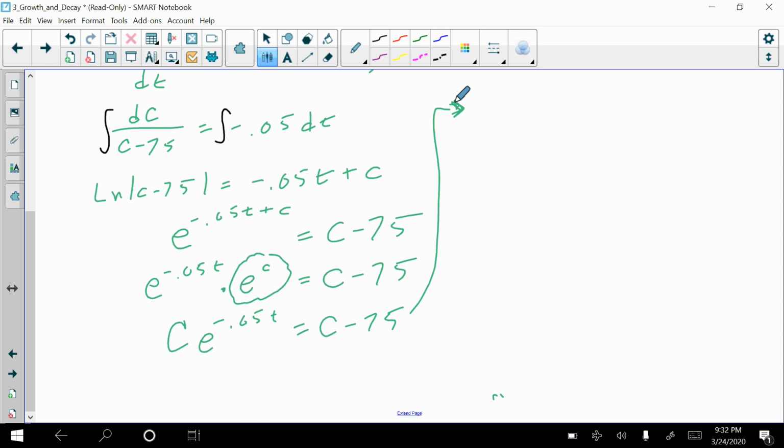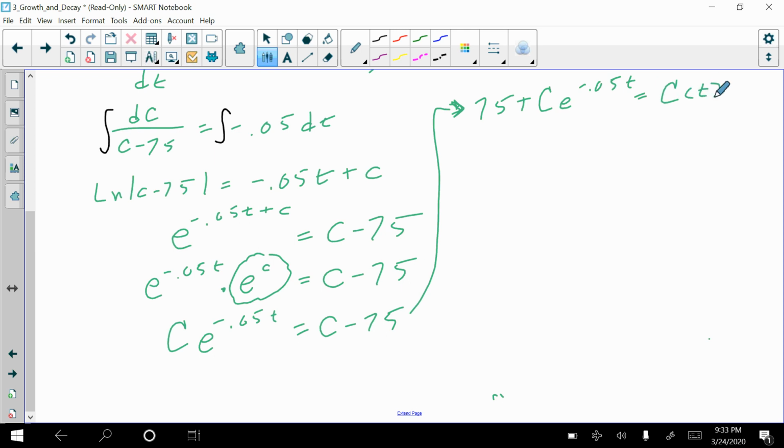And what we're going to wind up with is, let me just start that bit over. 75 plus c times e to the negative 0.05t power will be equal to, and in this case what we're looking for, C of t.